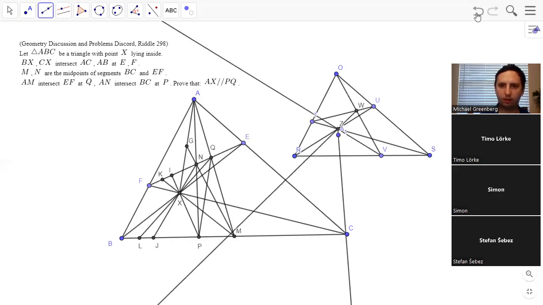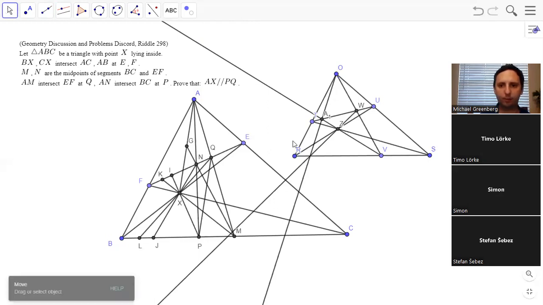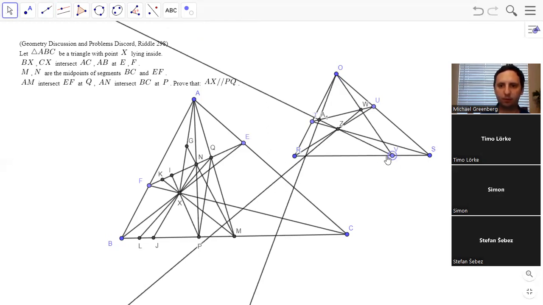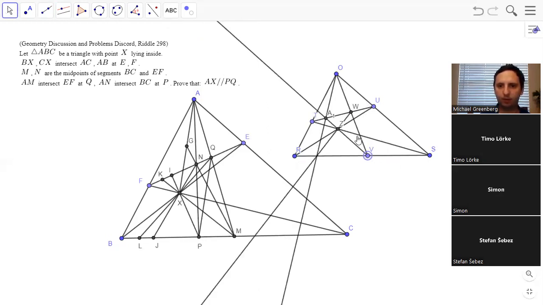Even if you don't have midpoints, if these are collinear with O, then when you project through Z, these are also going to be collinear, and that's just using cross ratios.